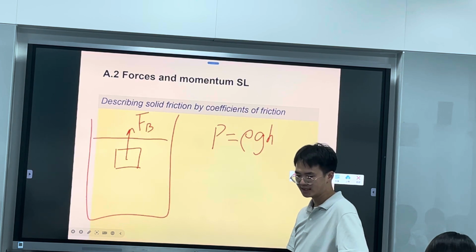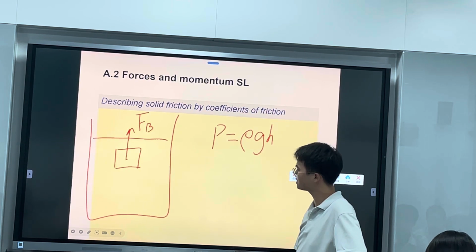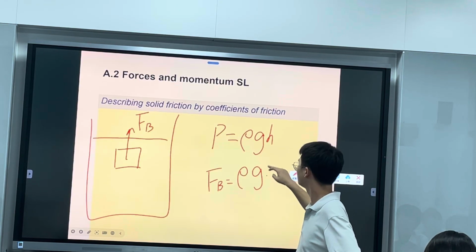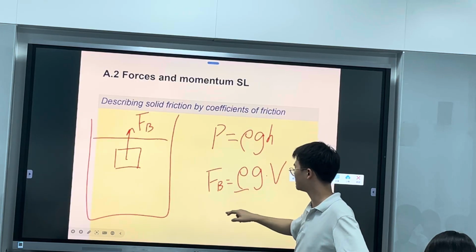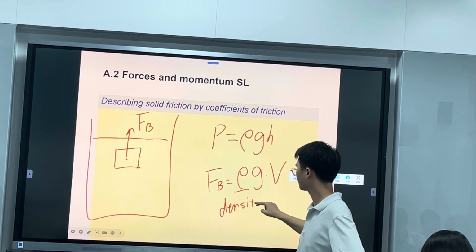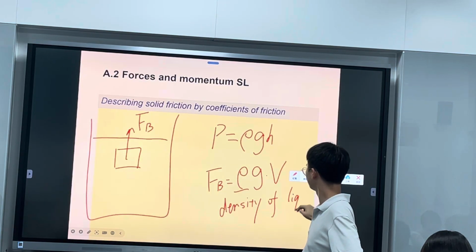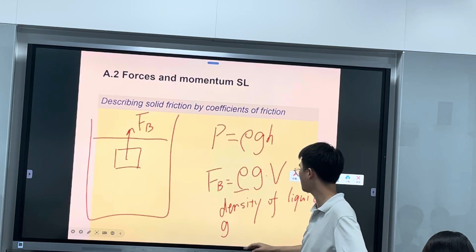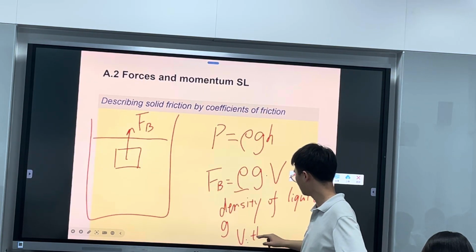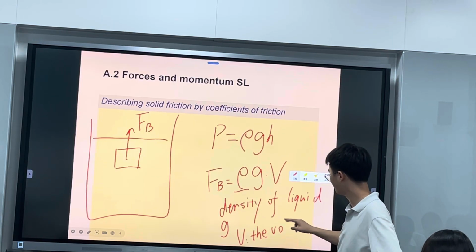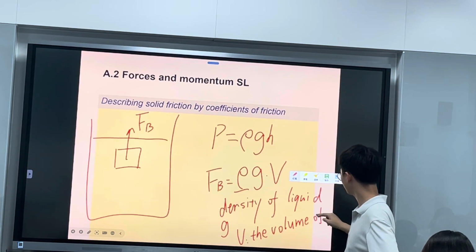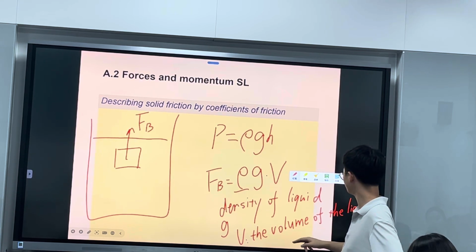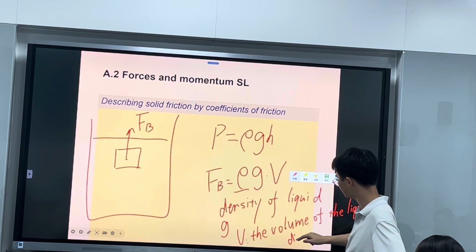For buoyancy, let me give you the formula first. Buoyancy equals rho g V, where rho is the density of the liquid, g is the gravitational field strength, and V is the volume of the liquid displaced by the object.